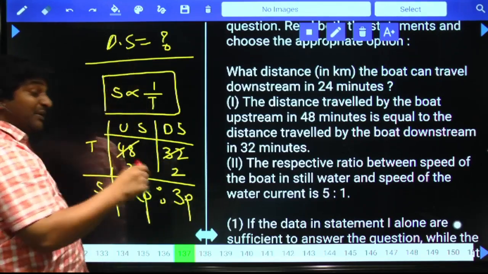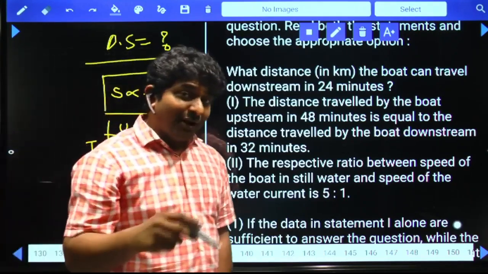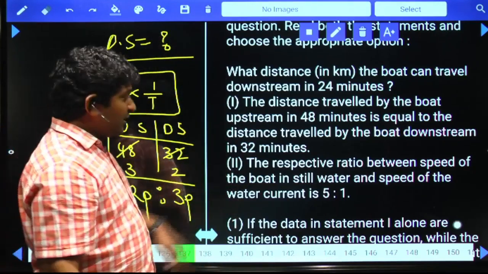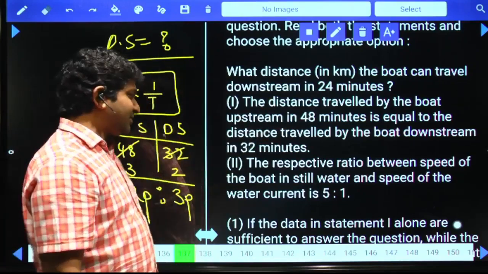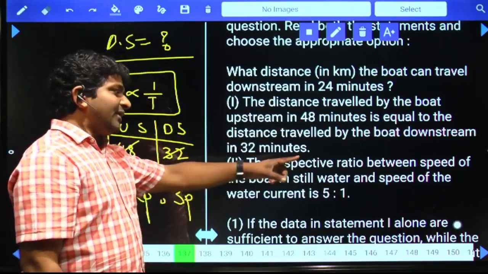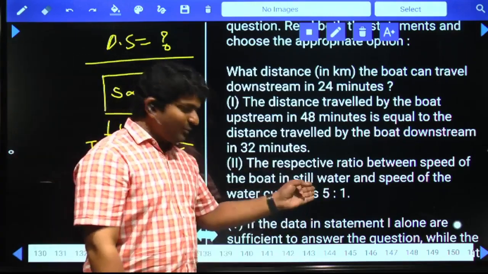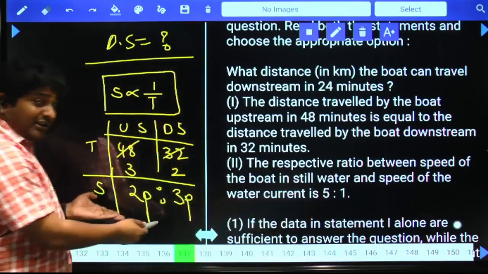But we need the downstream speed in either kilometer per hour or meter per second, and here we are getting it only in terms of number of parts. So 1 alone is not sufficient to answer the question. Next, the ratio between the speed of the boat in still water and the speed of the current is 5:1. You don't have to do this, we already got that information.